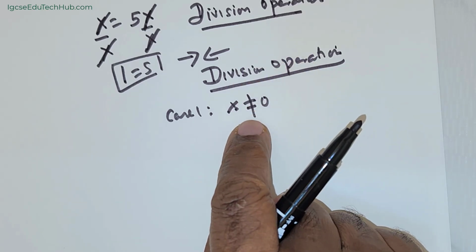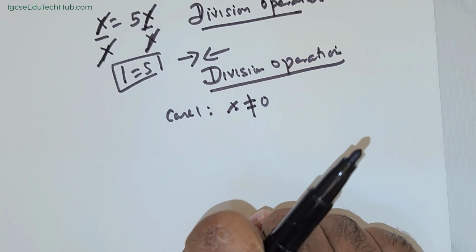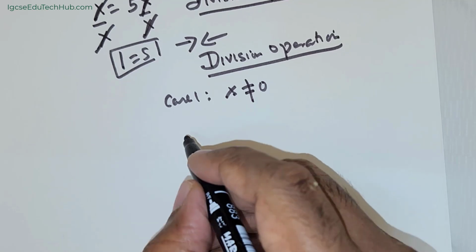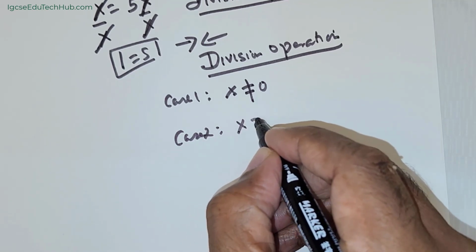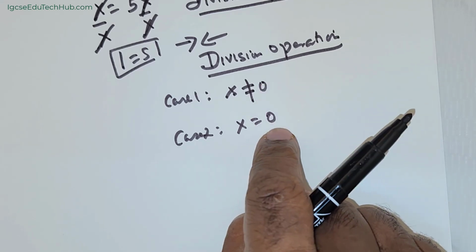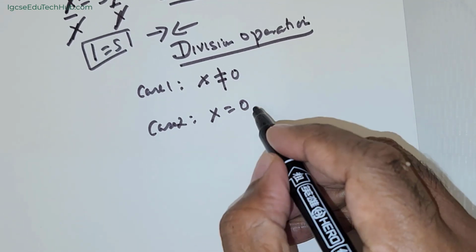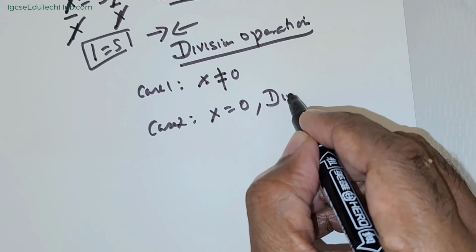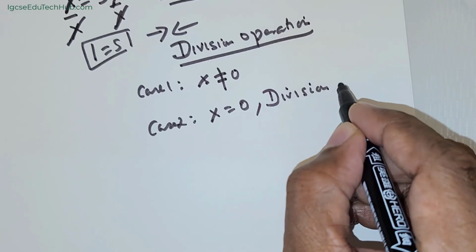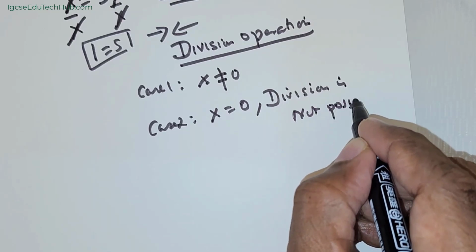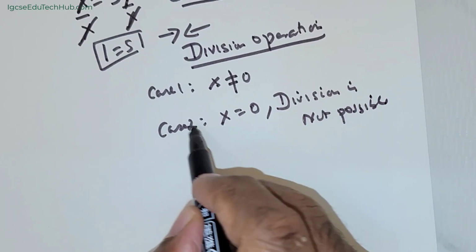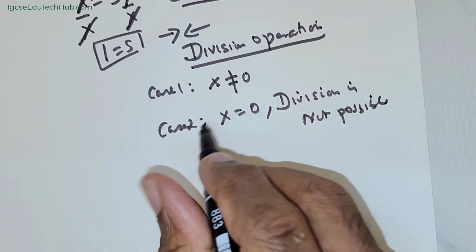This is the first condition. Now there is the second condition, case 2. If the number is equal to 0, then division is not possible. Simple as that.